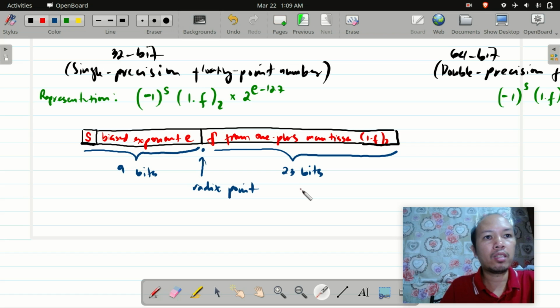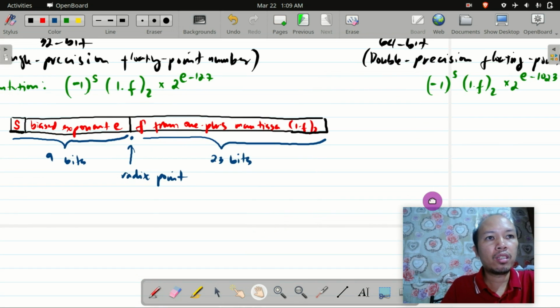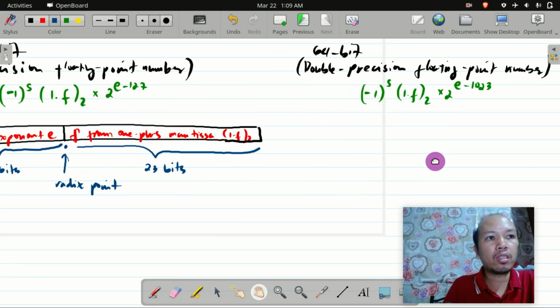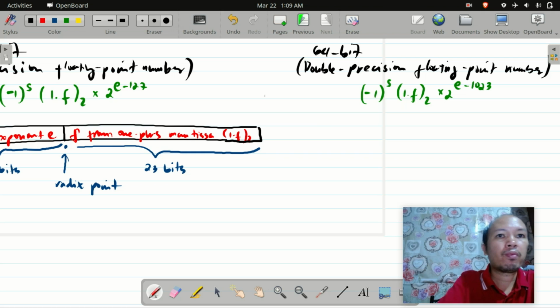So the same is true for double precision. The difference is quite simple.